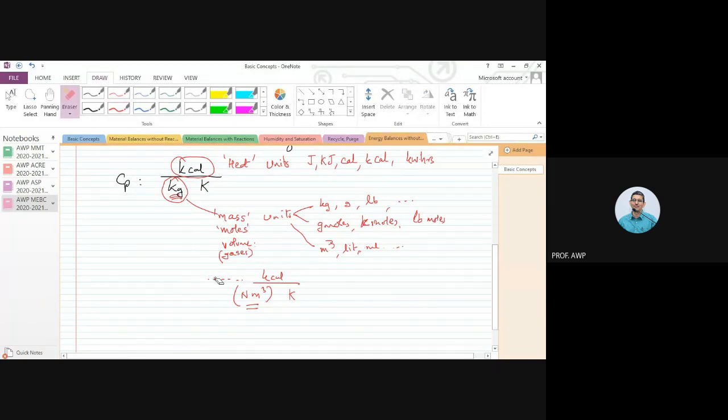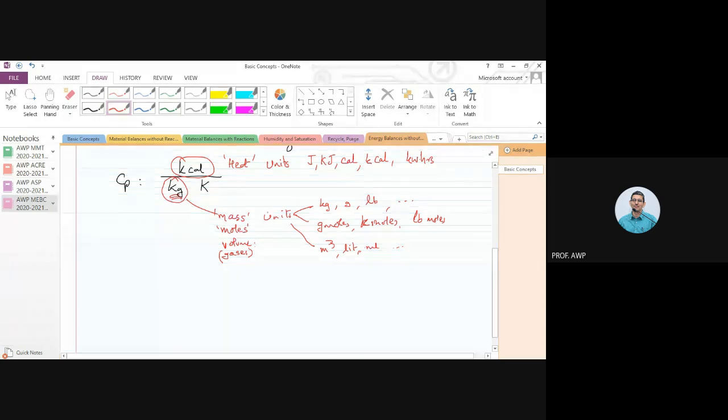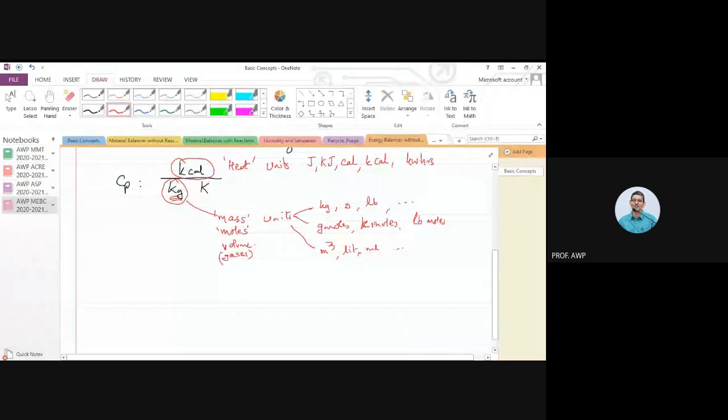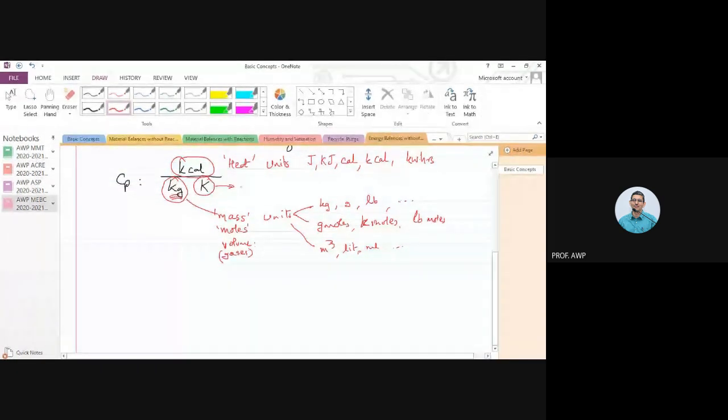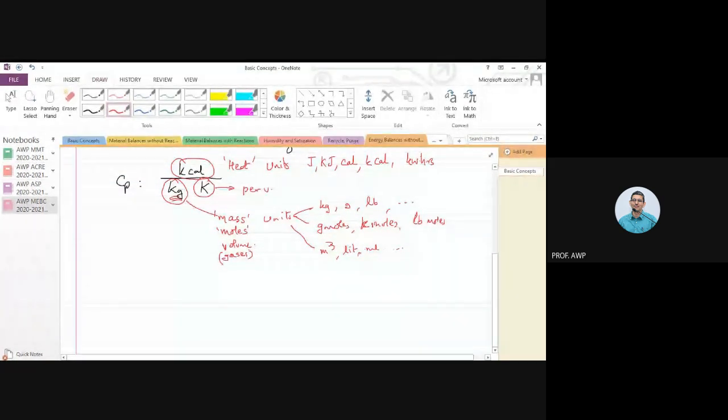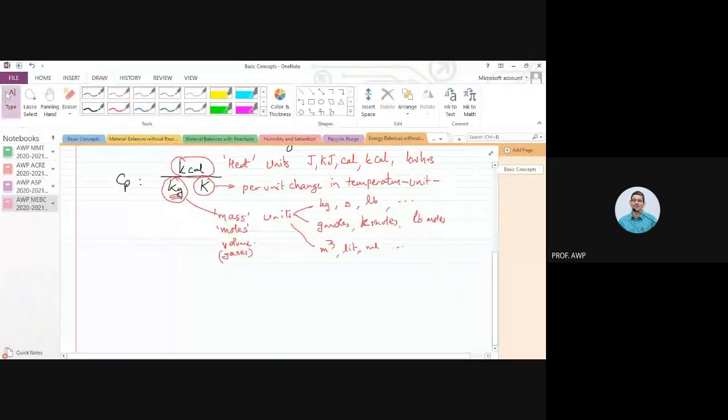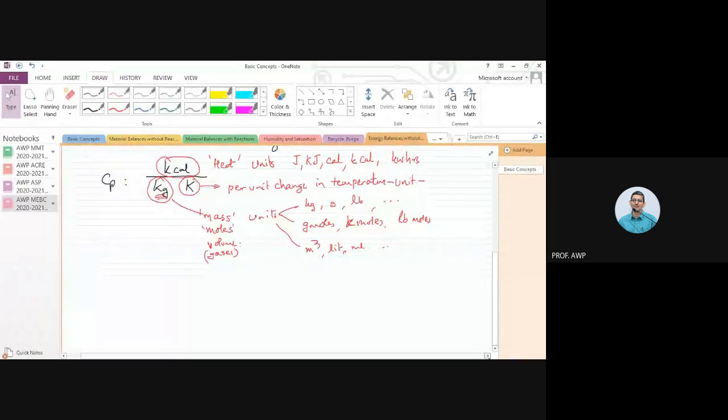Very rarely, you will find specific heat represented in terms of volumes. The denominator Kelvin is a per unit change in temperature, right? And then you can use any of your favorite units for writing the per unit change of temperature.